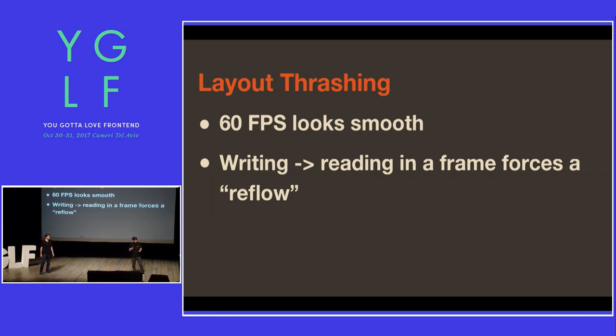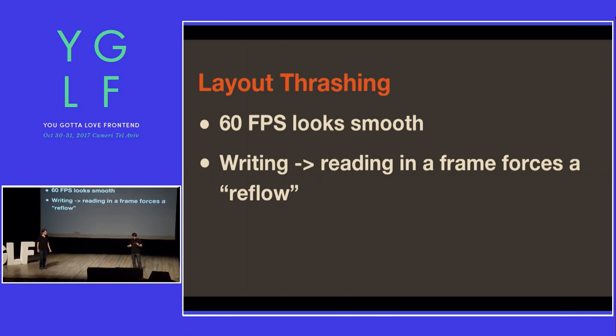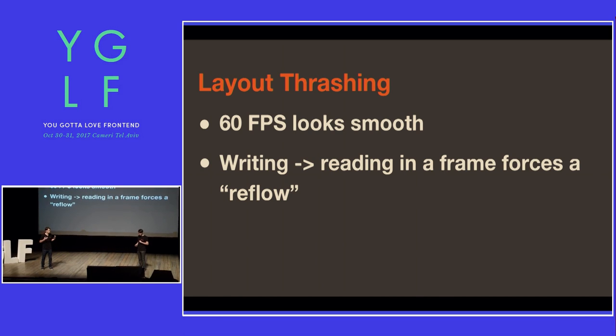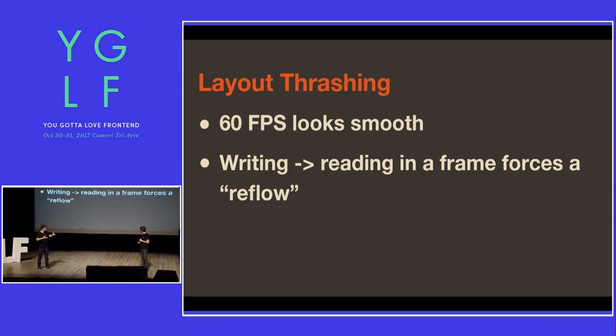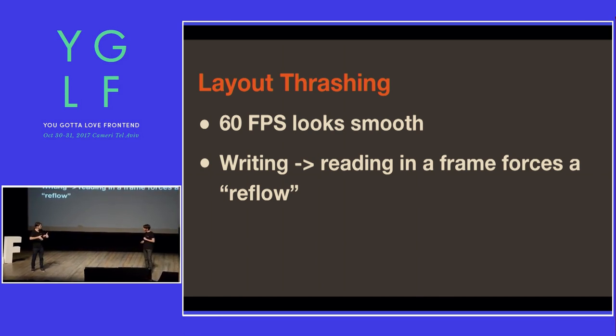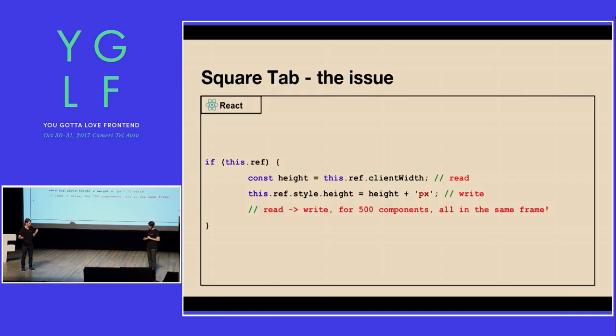We make the processing a lot longer, taking a lot longer than 1 frame. Basically, because we want the data for the square tab on demand, the frame becomes longer. But we saw it's doing the read and then the write. It's not doing the write and then the read, so it doesn't have to recalculate anything.